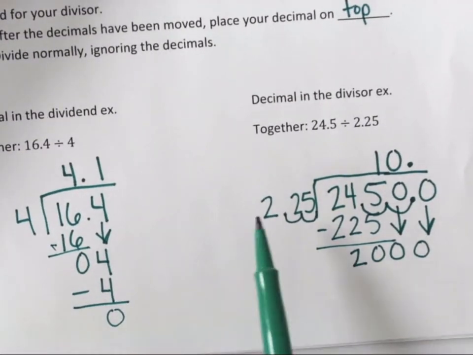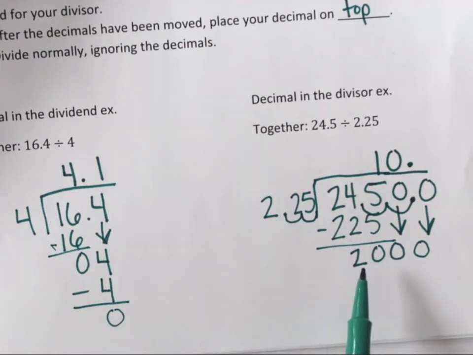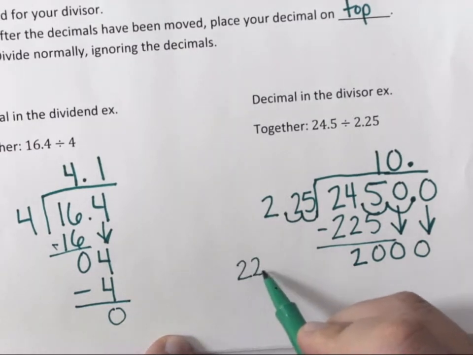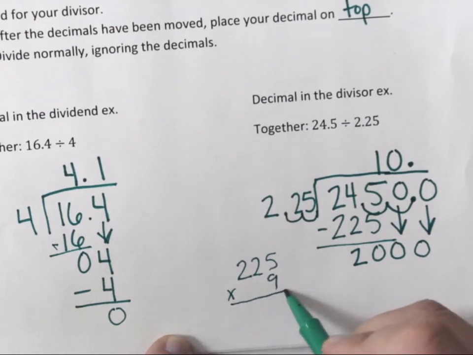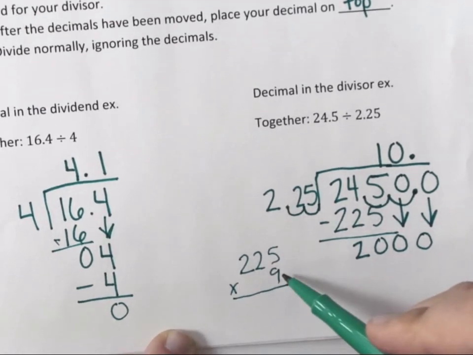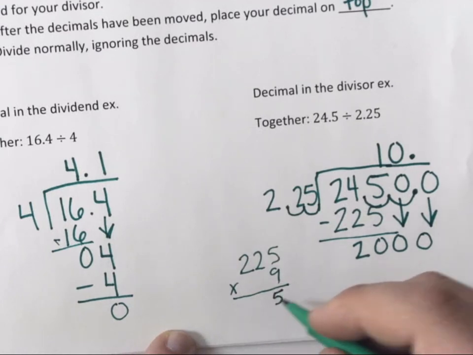Okay, we know that 2 goes into 20 10 times. So we might try just less than that. So I'm going to try 225 times 9. So we have 9 times 5 is 45.